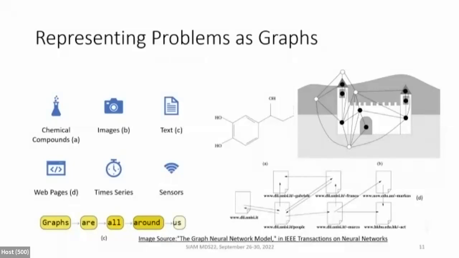There are many problems out there that can be represented as graphs in several application areas, such as proteomics, image analysis, scene description, software engineering even, and natural language processing or text.